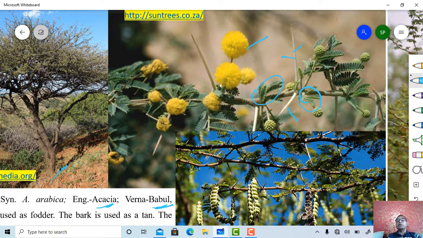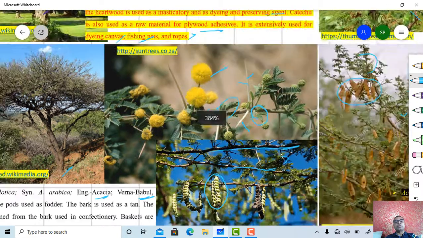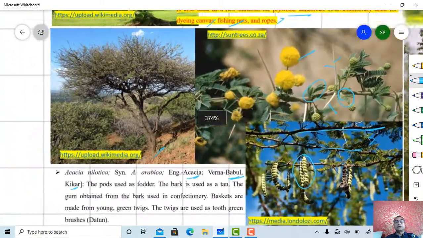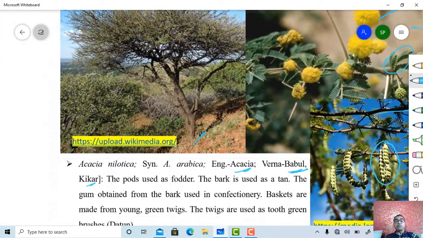Then this one is a cymose head type of inflorescence or capitate type of inflorescence. Just see this one again, a branch which shows the presence of the spines, then presence of pinnately compound type of leaves, and these are the lomentum type of fruits present on Acacia nilotica.